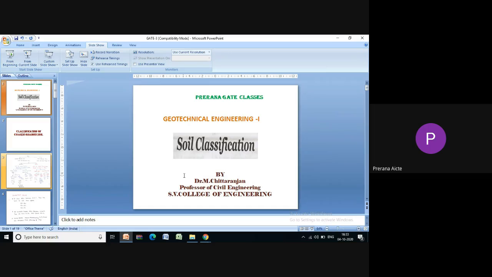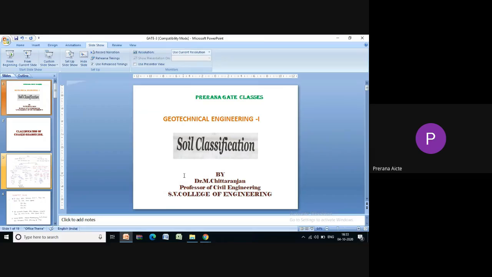In Indian soil classification, we have two classifications. One is the Indian soil classification system based on particle size only. The second one is the Indian soil classification system based on particle size as well as Atterberg limits, where we consider the liquid limit, plastic limit and plasticity index.